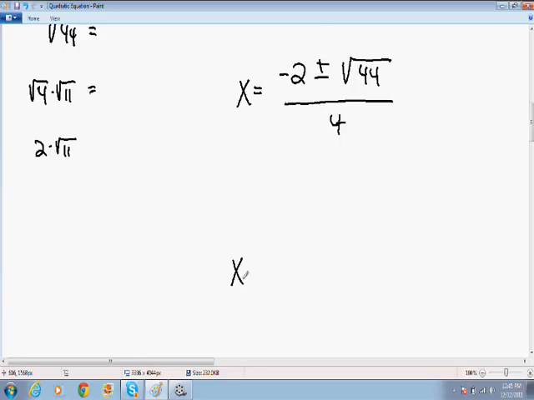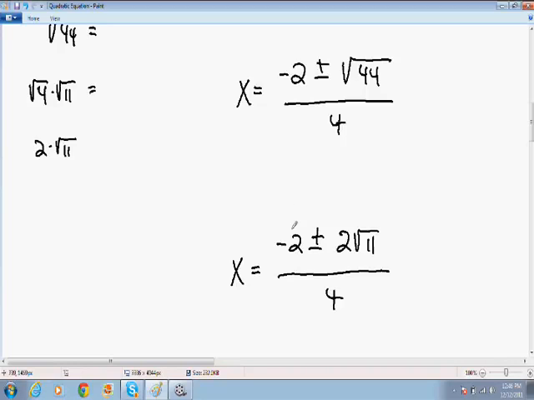So now I'm going to rewrite this equation as negative 2 plus or minus, instead of writing the square root of 44, I'm going to write 2 times the square root of 11, all divided by 4. And last but not least, we have to move on to our last step, and check if all the terms have something in common.